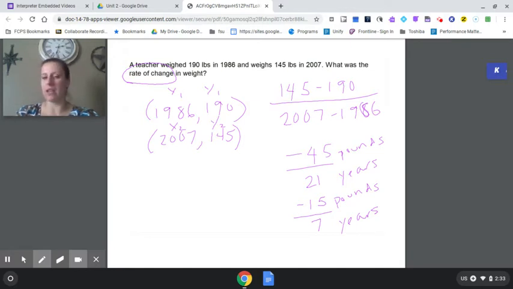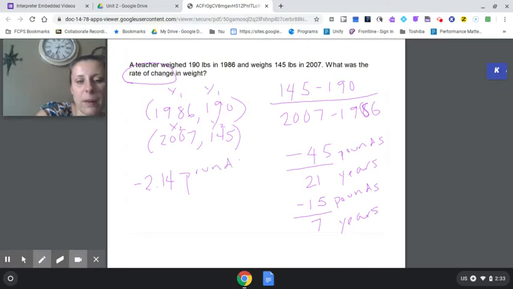Let's see what that is. Negative 15 divided by 7 gives me negative 2.14. And the unit would be pounds per year. So this teacher is losing 2.14 pounds every year.